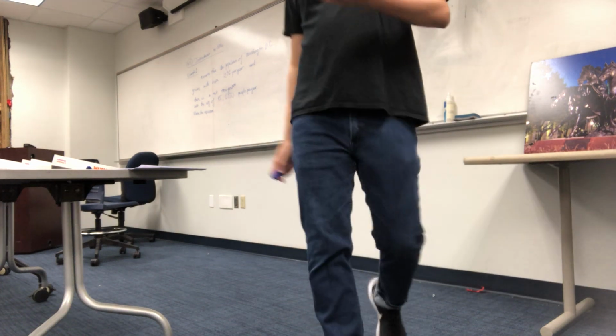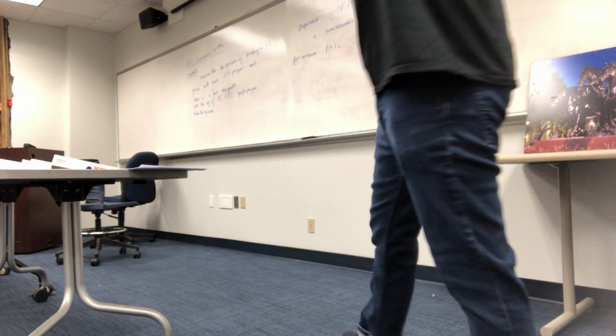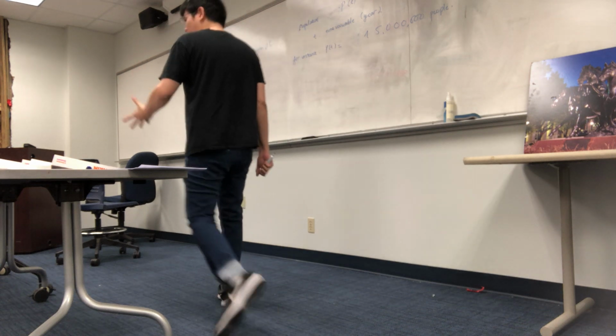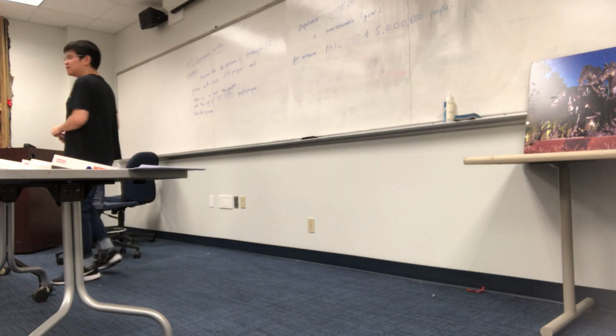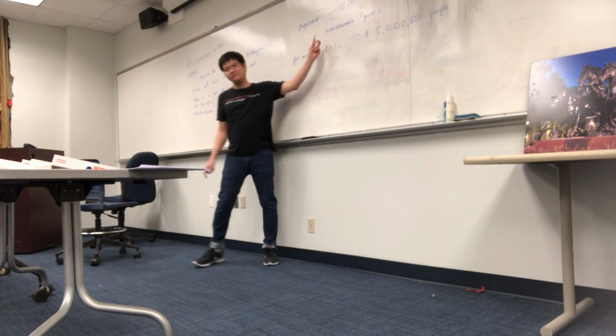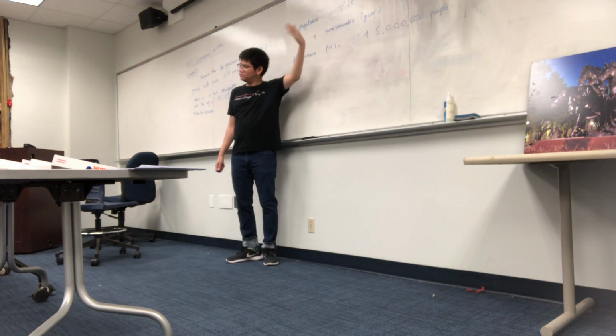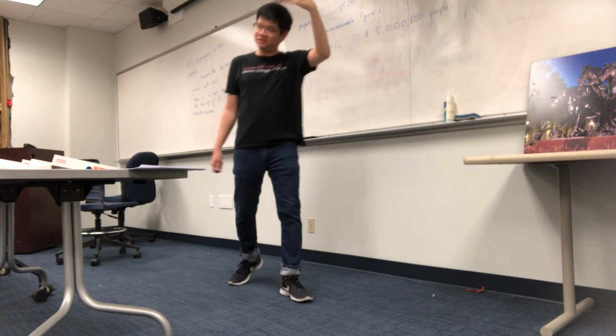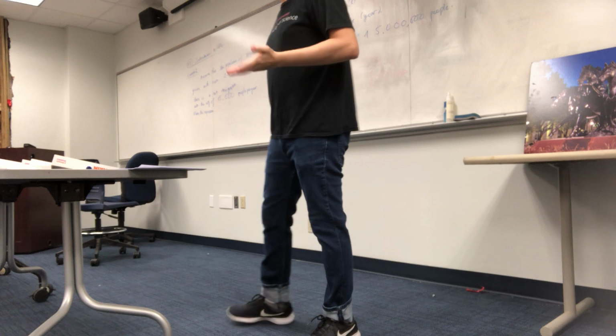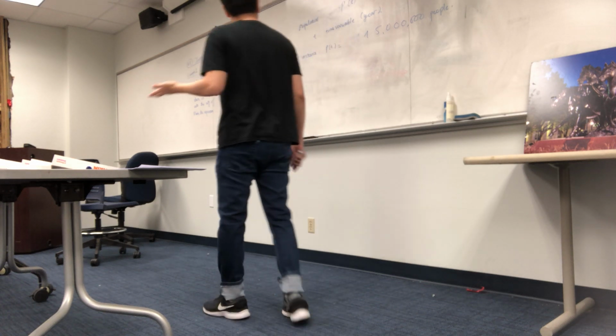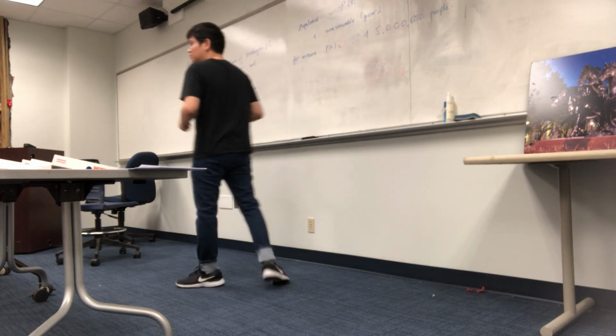So I'm gonna call the population by a new unknown, which is P of T. So of course I have to have the time because I have to know the population at this year or next year or 2000 or 2005. So T is the time variable, which is the year.